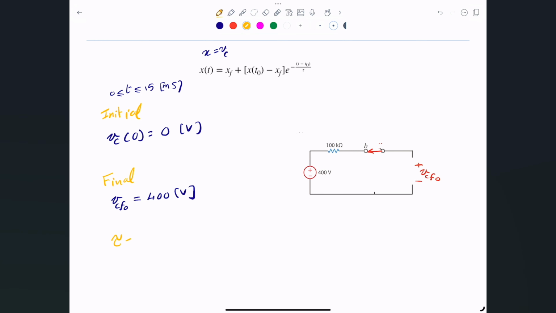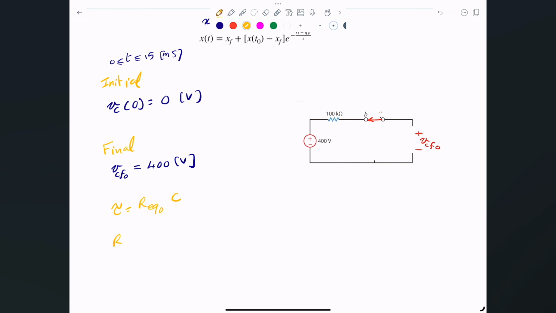What about tau? Let's find tau, which is R equivalent 0 times C. The R equivalent is the R Thevenin, which I don't need to compute anything for. It's whatever the capacitor sees, and the capacitor only sees this 100 kilo ohms.